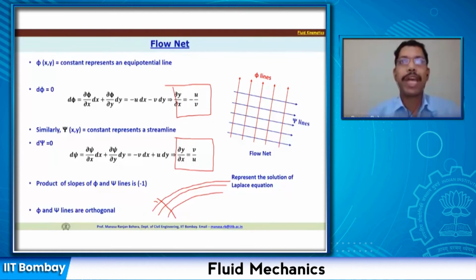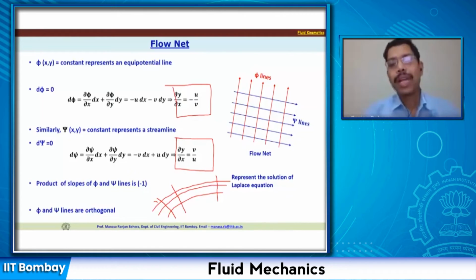This is my phi line. Then if I draw here, this could be my phi line. If I draw here, this could be my phi line. So always phi lines are perpendicular to the psi lines at the intersection. When they intersect each other, they have to be perpendicular. That's the property you have already seen.